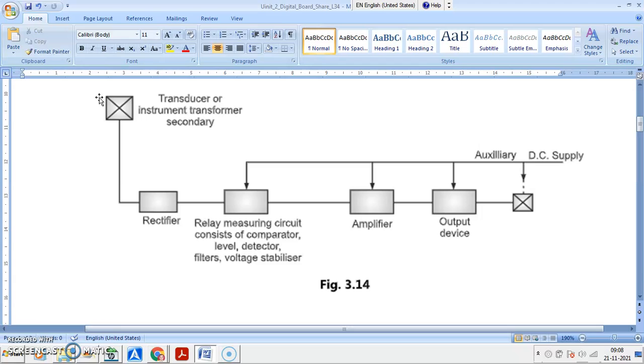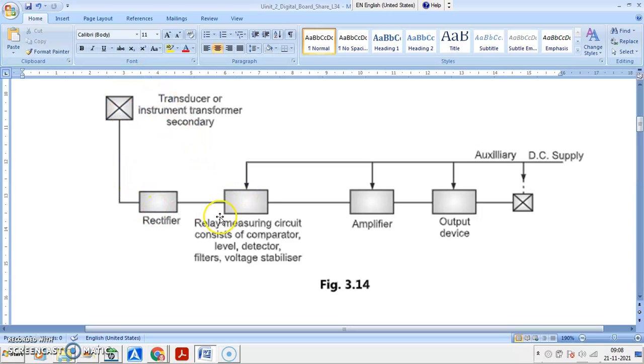Some disadvantages are also there, though there are multiple advantages. First, an auxiliary supply is required for the operation of the relay, and you have to make that provision. Then, as far as voltage transients are concerned, the power signals are transferred to the transducer for comparison with a reference, and the relaying operation is best according to the comparison output.